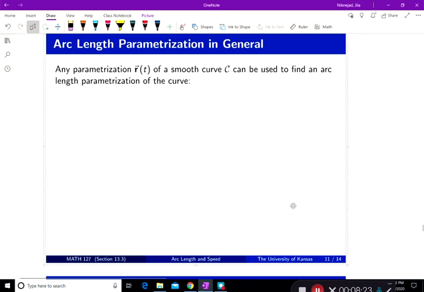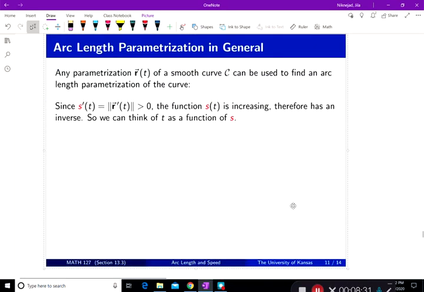So again, any parameterization r of t of a smooth curve C can be used to find an arc-length parameterization of the curve, since s prime of t is the magnitude of r prime of t, which is bigger than 0.